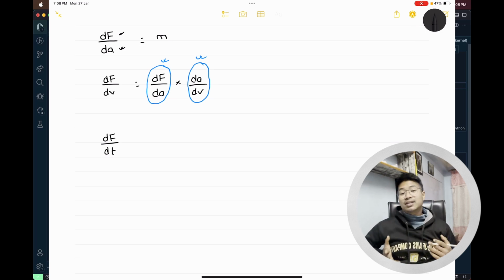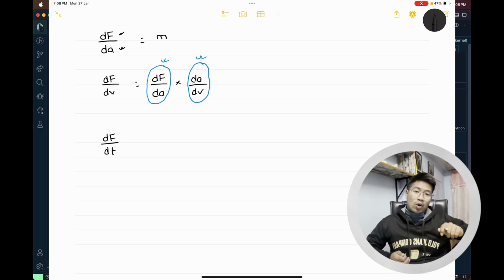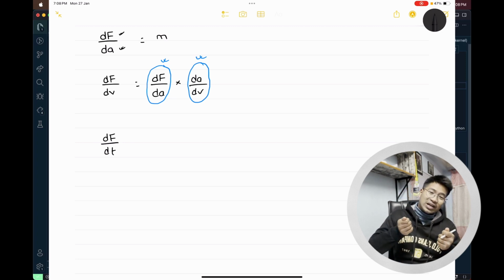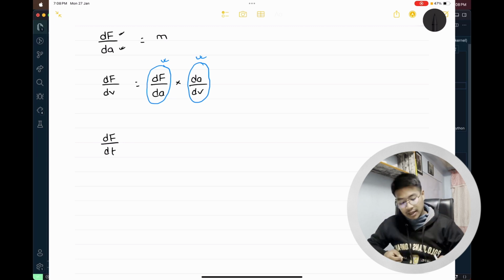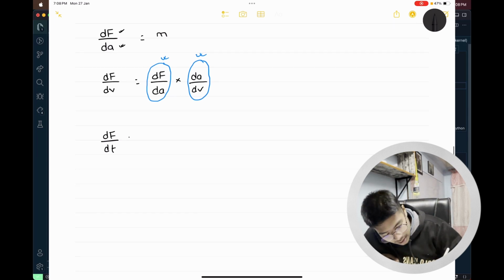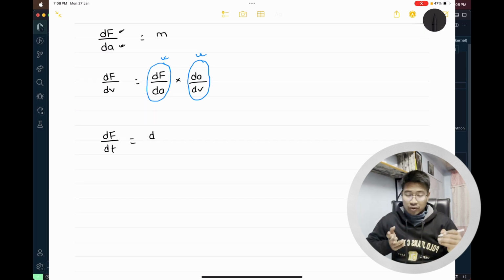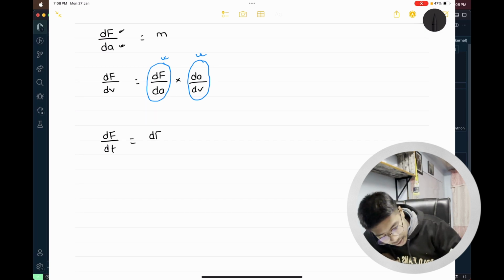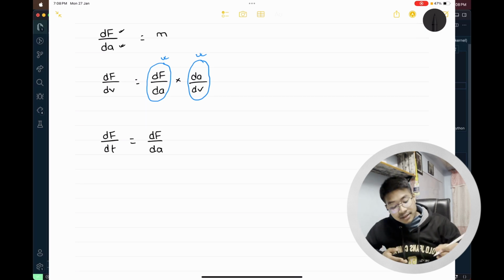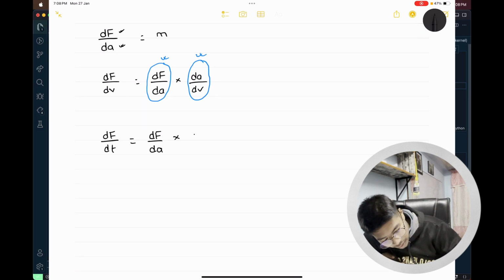Again, the reason we are doing this is because we want to know how turning each of the variables would have an effect on our output, which in this case is a force. The way you would compute that is, again, you do a chain rule. That would be how your force is being affected by acceleration, and how your acceleration is being affected by time.